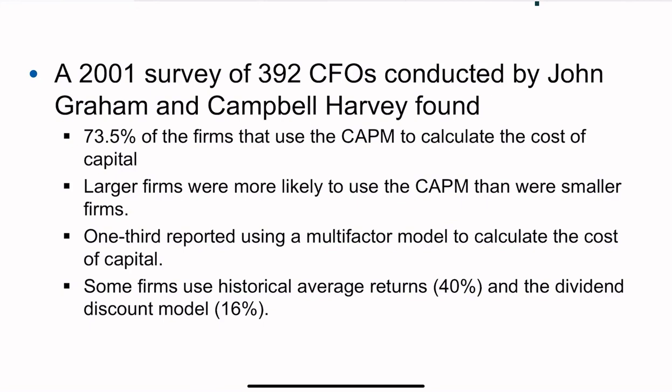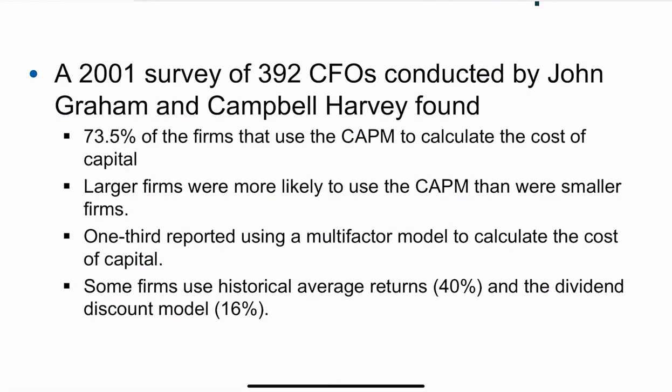And then they also found larger firms were more likely to use CAPM than smaller firms. So I guess CAPM is somewhat a fancy tool. And maybe small firms just want to use average cost as a measure of cost of capital. Now, there is 1/3, right? 1/3 reported they actually use a multiple factor model to calculate the cost of capital.